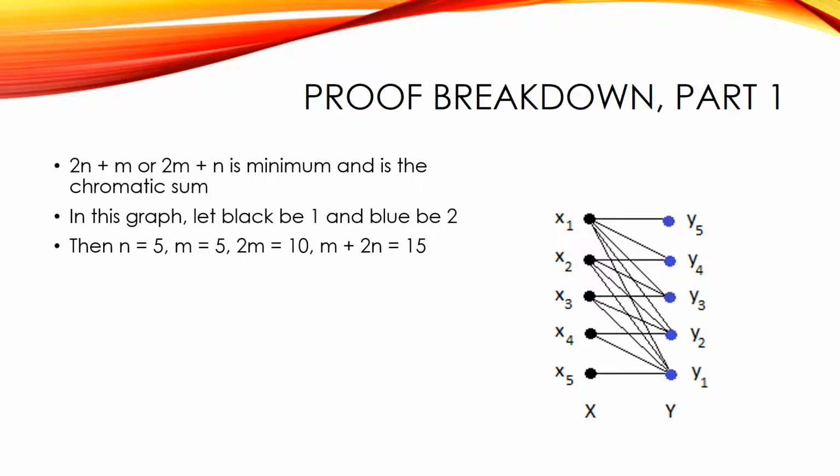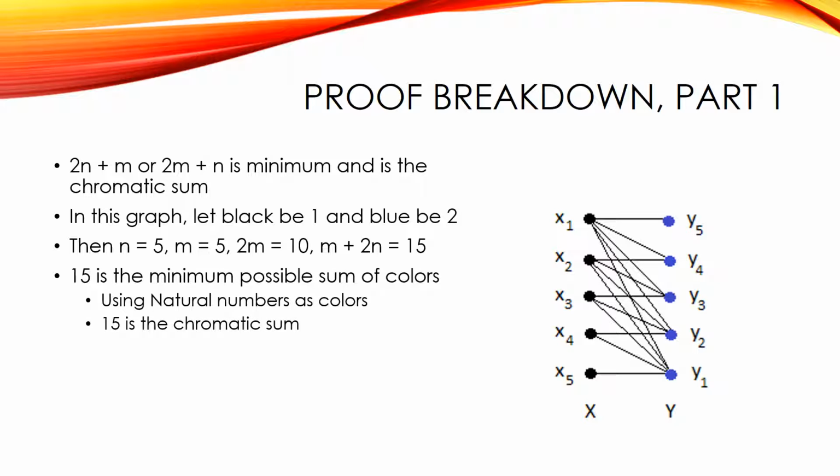So 2m is equal to 10, so m plus 2n equals 15, and obviously 2m plus n is also equal to 15. Then 15 is the minimum possible sum of colors, again using natural numbers as our colors. So 15 is the chromatic sum of this graph.